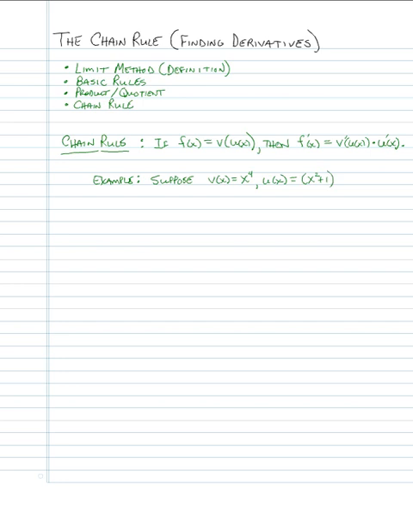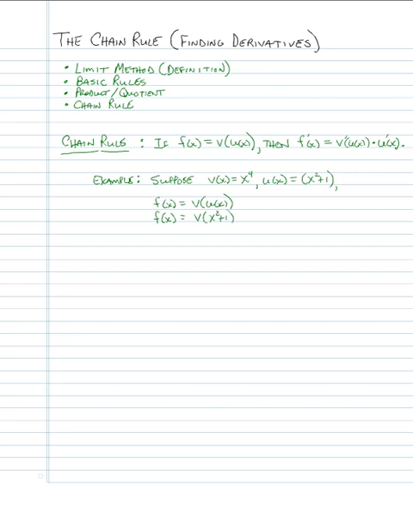Now, from those two functions, let's create a new function, f of x, that is v of u of x. If we remember the way compositions work, u of x is x squared plus 1, so this becomes v of x squared plus 1.